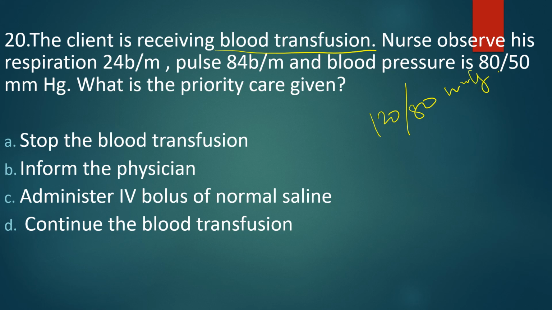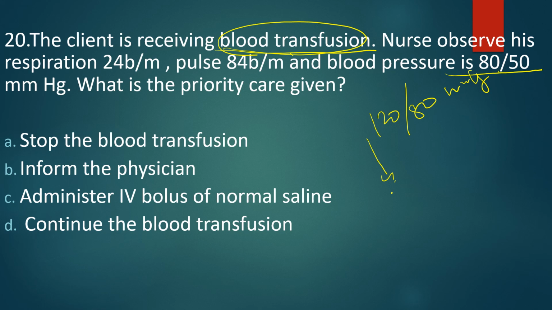Suppose it falls to 100 by 70, to stabilize the blood pressure they start NS. Then, if it reduces below that, they'll go for a plasma expander. And if that is not possible, and it drops to a lower level, like blood pressure 80 by 50, they'll go for blood transfusion. So that's the reason they have gone for blood transfusion.